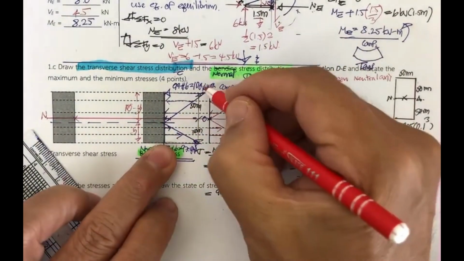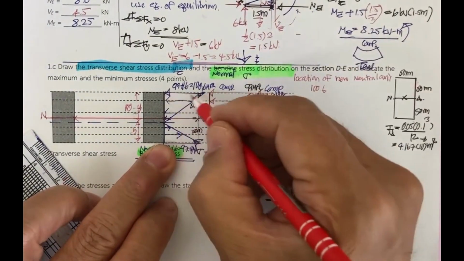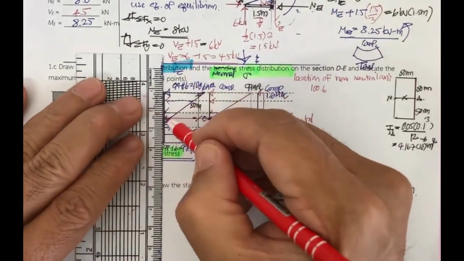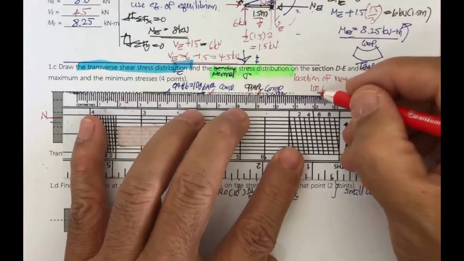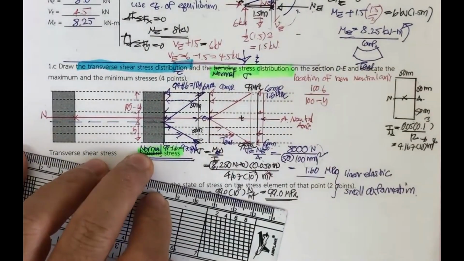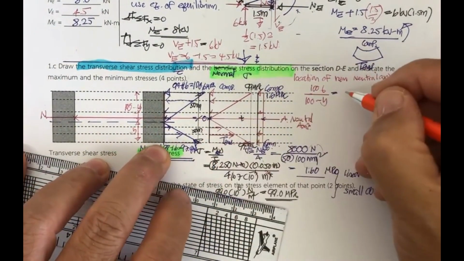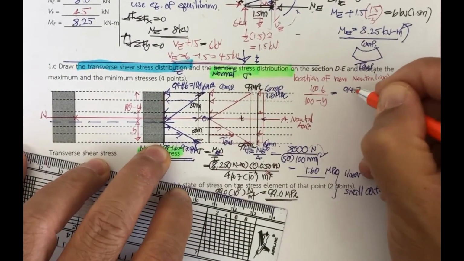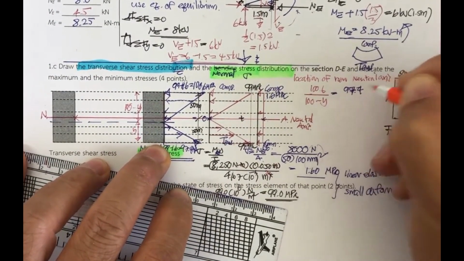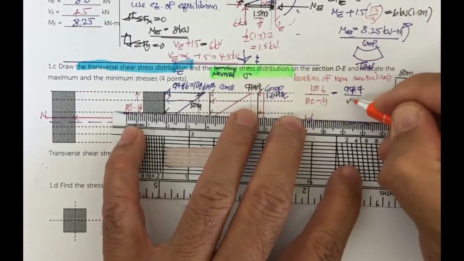So 100.6 divided by 100 minus y is going to be equal to the slope here, 97.4, divided by the distance y.